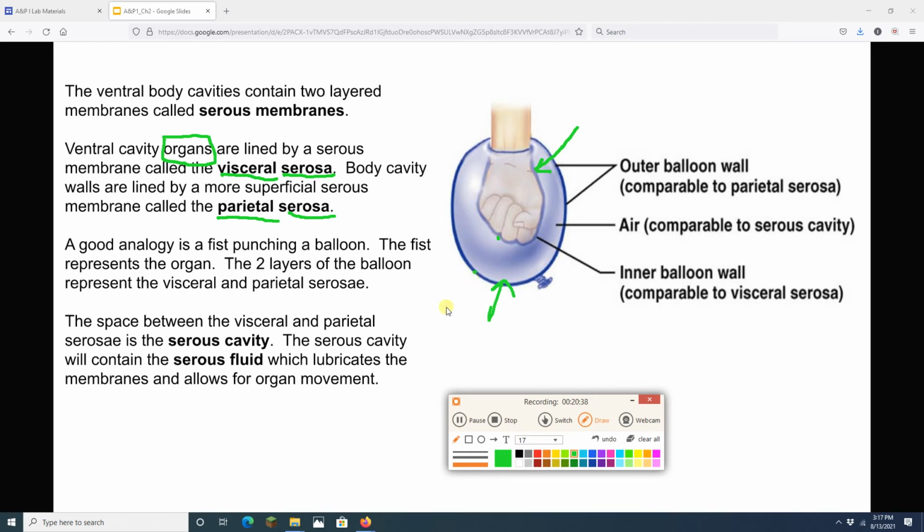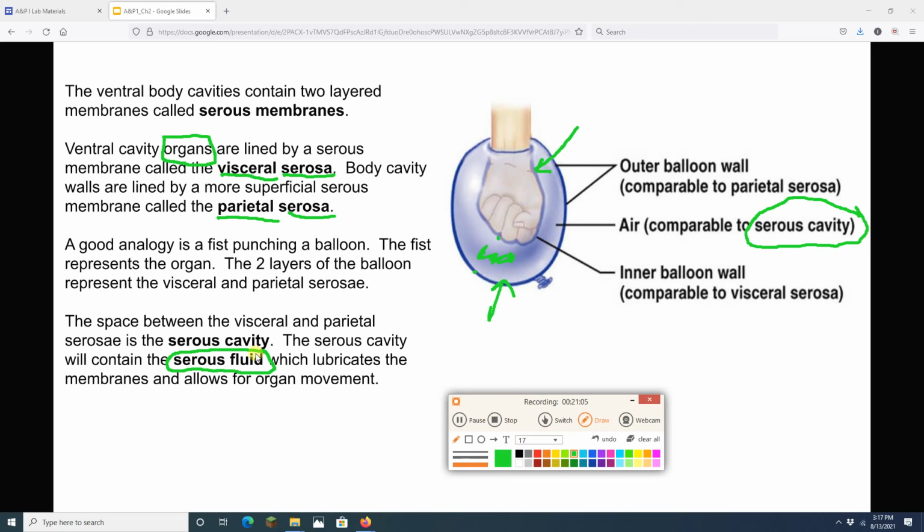And the cool thing about this arrangement is you end up with this space in the middle here. The space in the middle is known as a serous cavity. And in our organs, that serous cavity is filled with a liquid called serous fluid. And that liquid is going to lubricate these two membranes and allow them to move a bit.